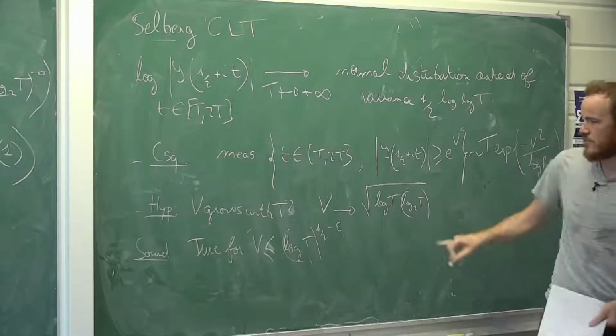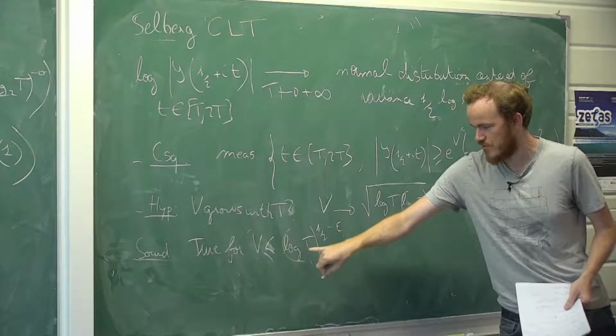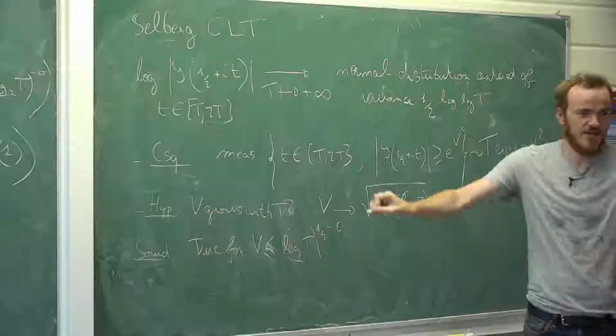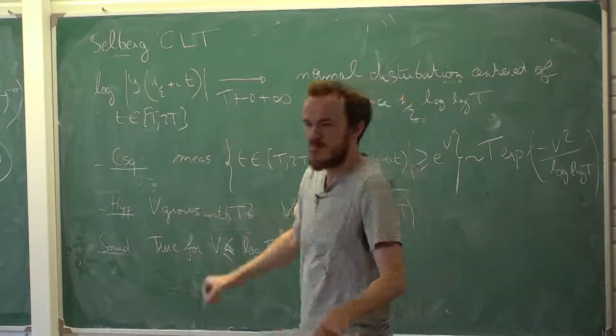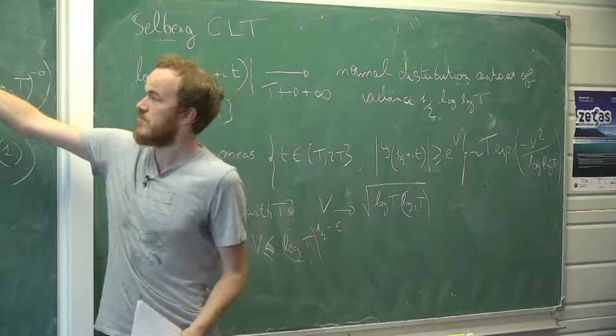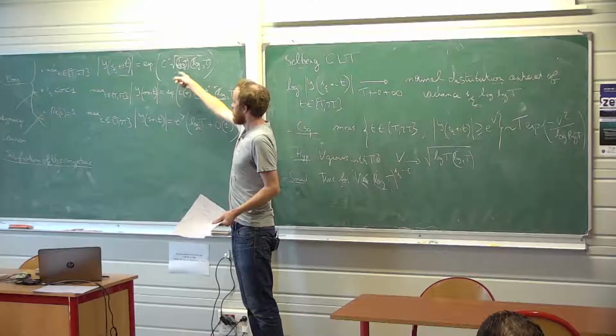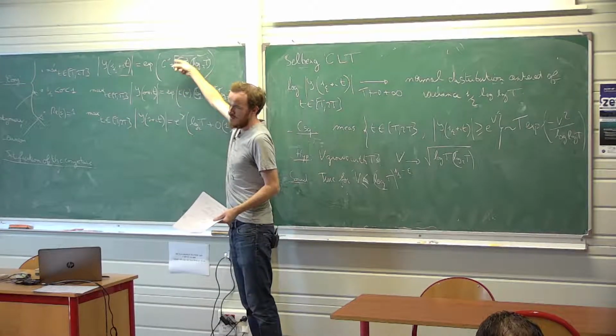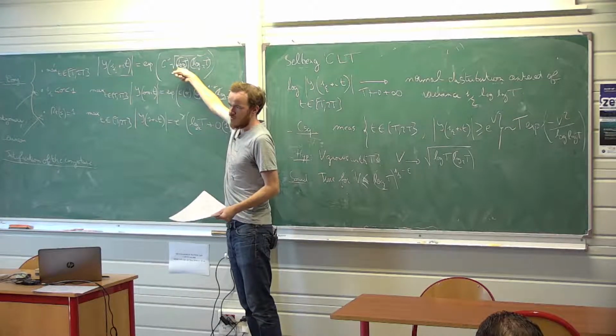So he can prove this theorem with v which grows with t, but not till the end of the meaningful range. You can deduce a good lower bound, but not till the conjecture.